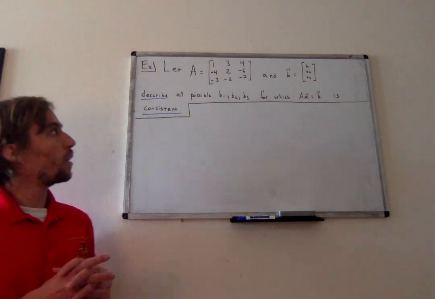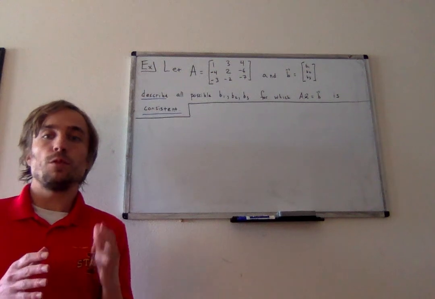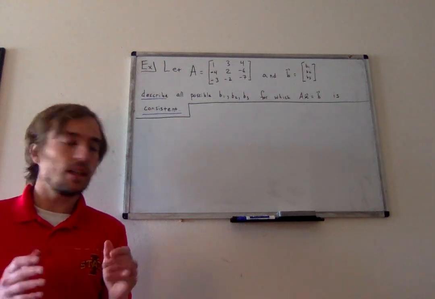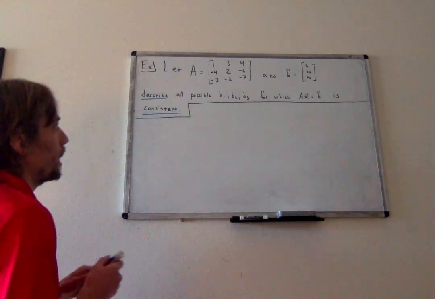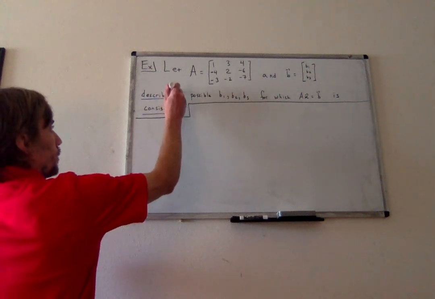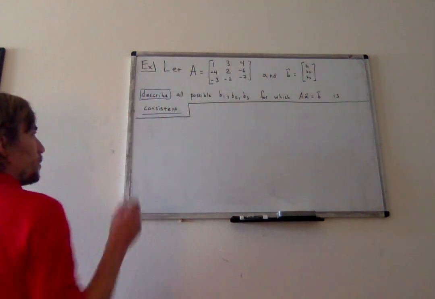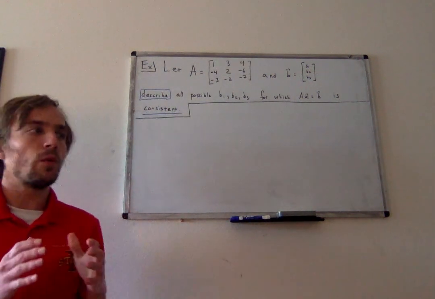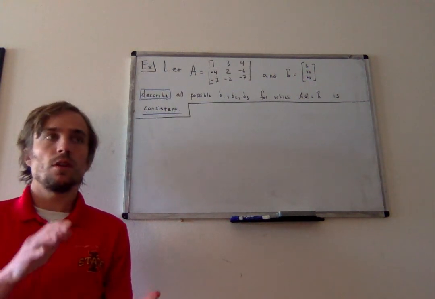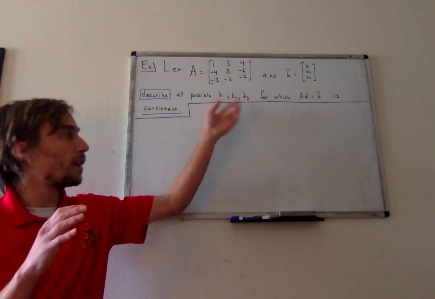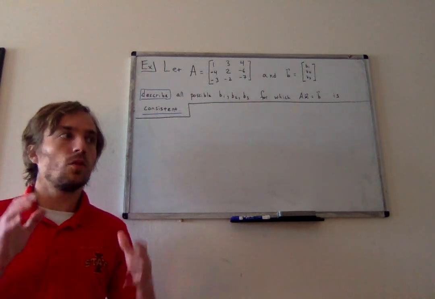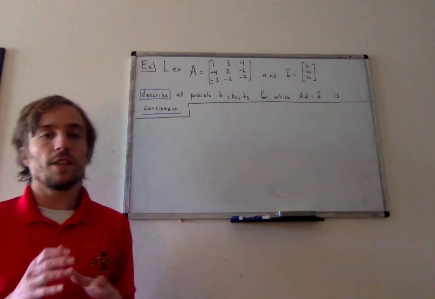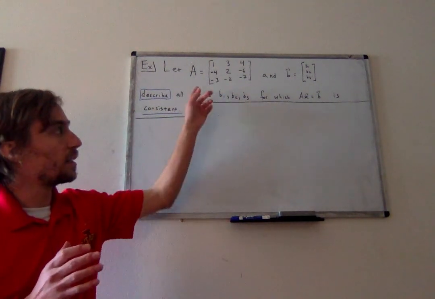So when I say describe all possible B1, B2, B3, and you'll see this type of question pop up a bit this semester, what we want is some relationship on these variables, some sort of constraint or requirement on these variables that will make this consistent.